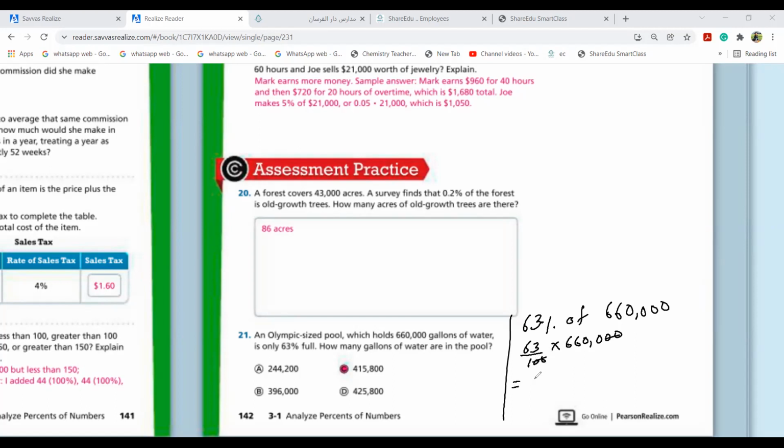So how much did you write, girls, when you multiply them? 63 times what? 6,600.